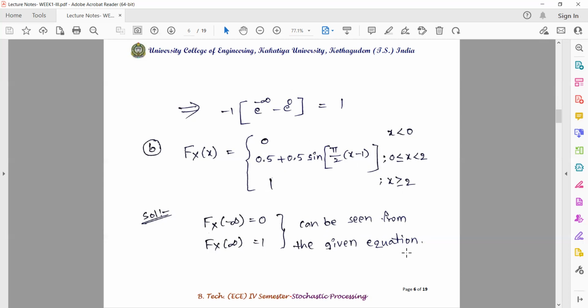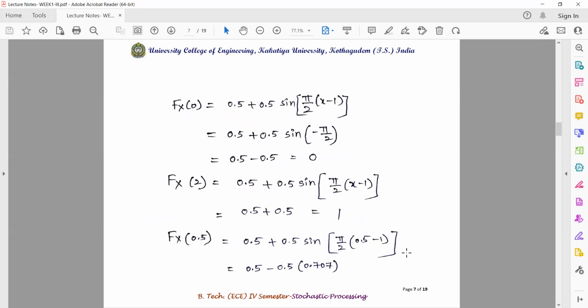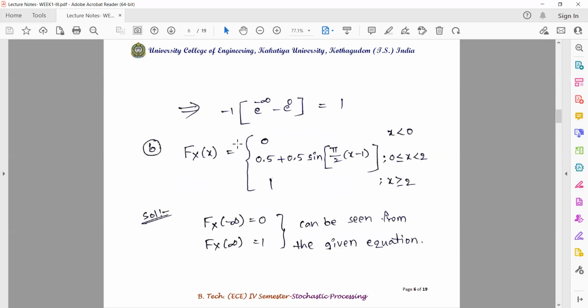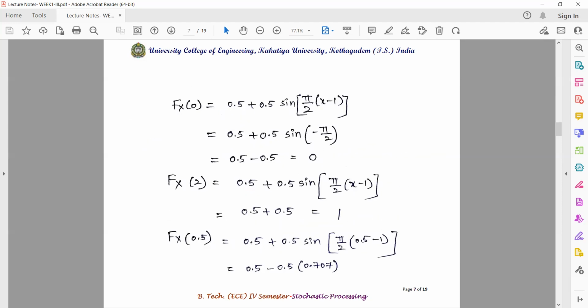Next, we have to check whether it is a monotonically increasing function or not. So I have substituted some random values from 0 to 2. Fx of 0 gives a value of 0, as you can see from the given slide: 0.5 plus 0.5 sine of pi by 2 times, in place of x substituting 0, sine of minus pi by 2, minus 1, so its value is 0.